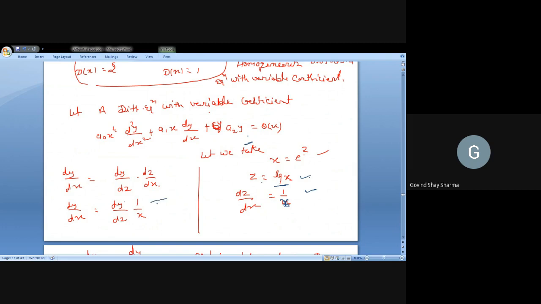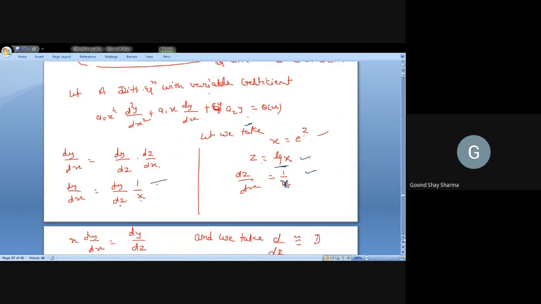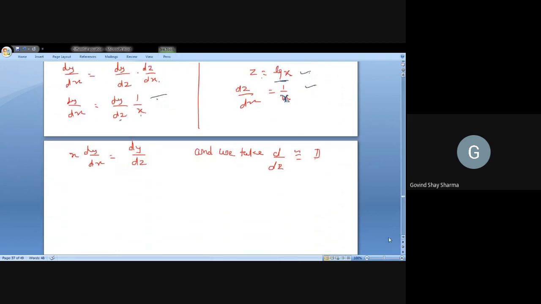So dy upon dx is equal to dy upon dz times 1 upon x, so x dy/dx becomes dy upon dz, that is D, where D is d upon dz.